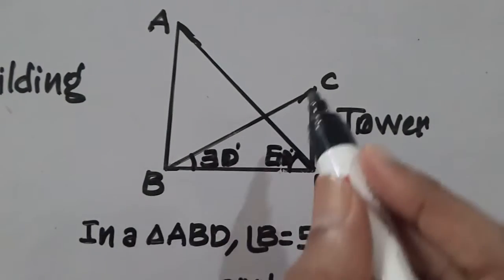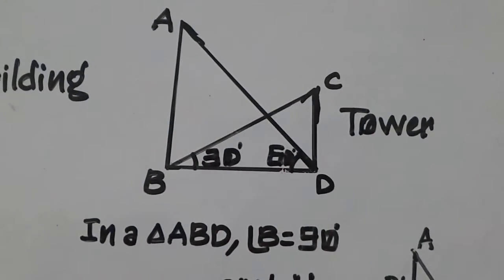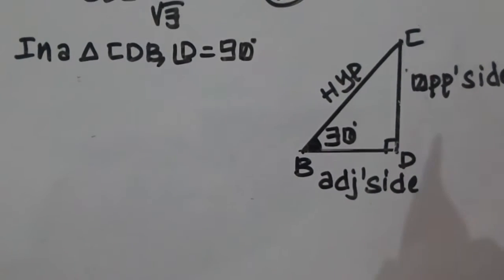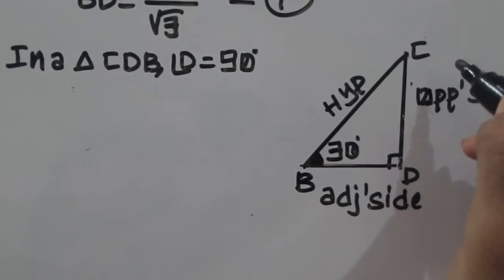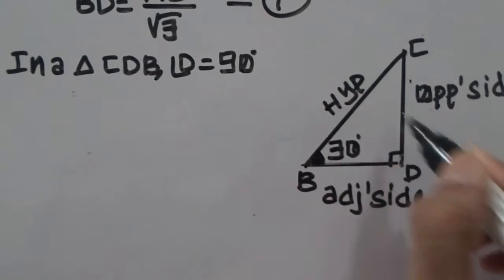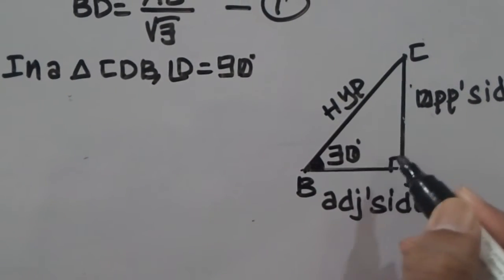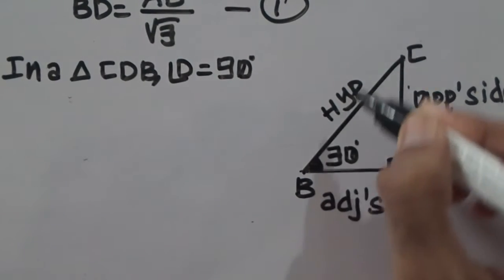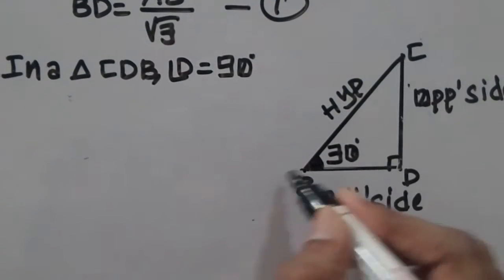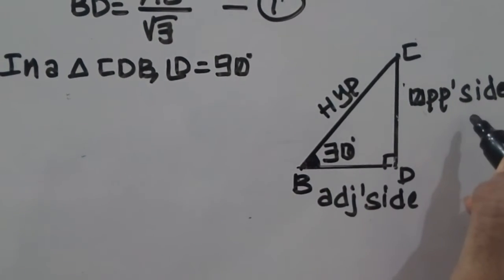By taking triangle CDB, I'll prove the problem. In triangle CDB, angle D is equal to 90 degrees. CDB is a right angle triangle at D. The angle of elevation is 30 degrees. The longest side is the hypotenuse, side B is the adjacent side, and the other side is the opposite side.